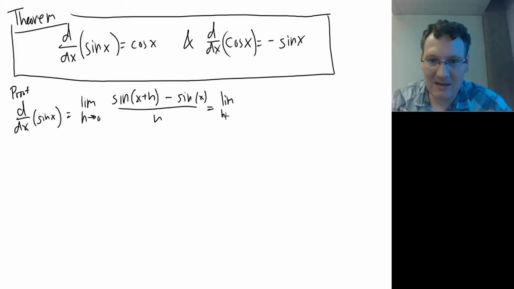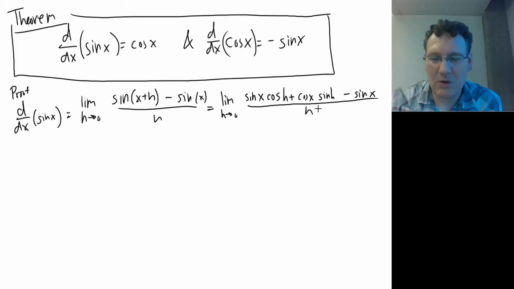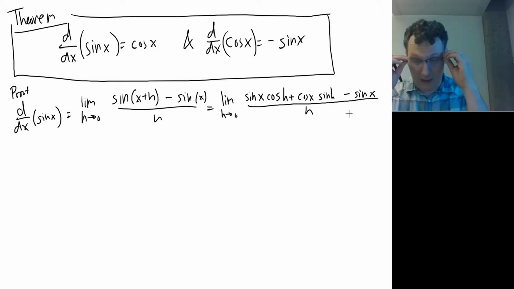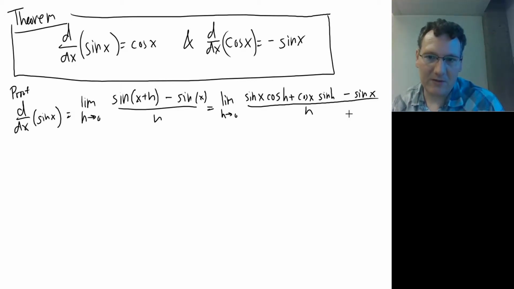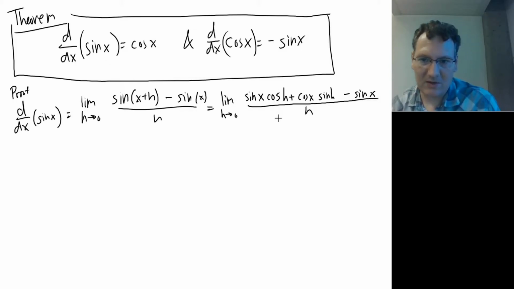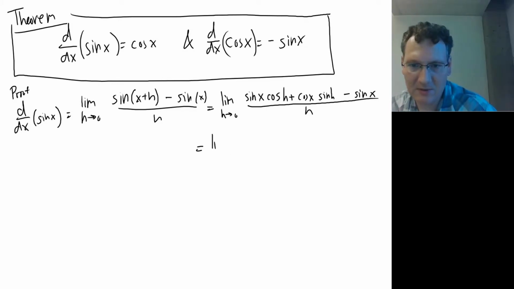That's the limit as h goes to 0 of sine of x cosine of h plus cosine of x sine of h minus sine of x, all over h. What I'm going to do is some factoring and split it into two limits.